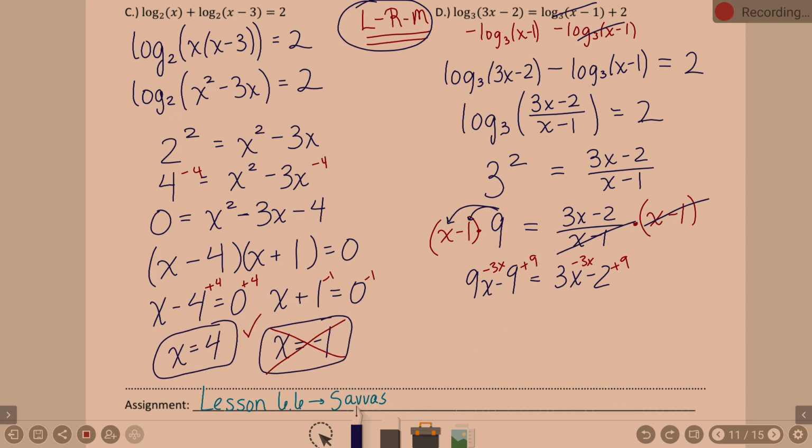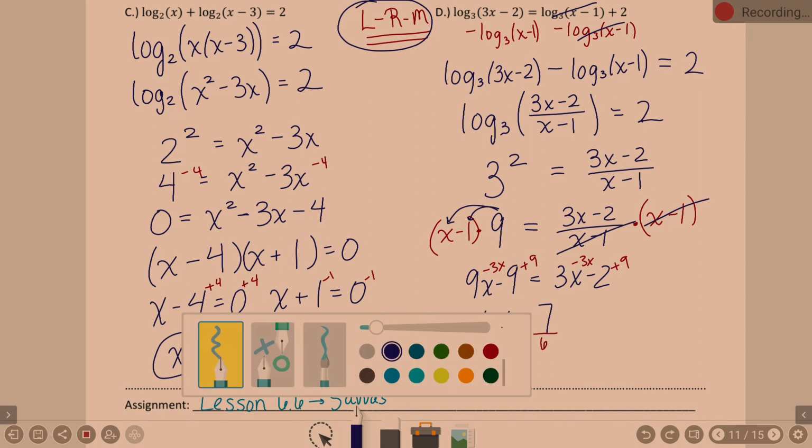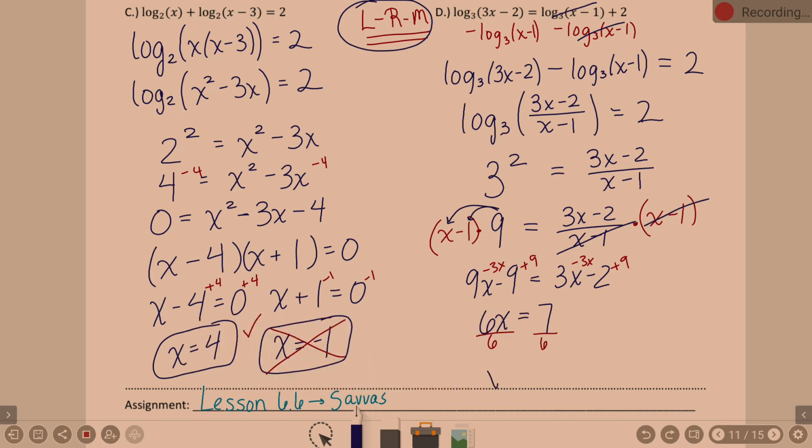So 9x minus 3x is 6x. Minus 9 plus 9, I'm canceling. 3x minus 3x, I'm canceling. Negative 2 plus 9 is 7. We have 6x equals 7. Divide by 6. And x is what?